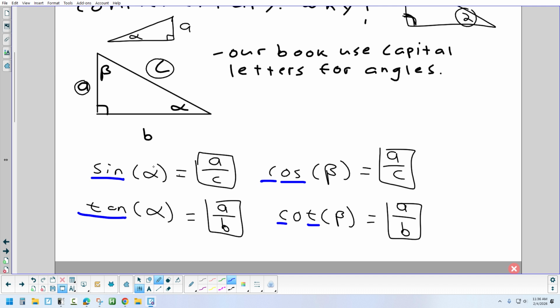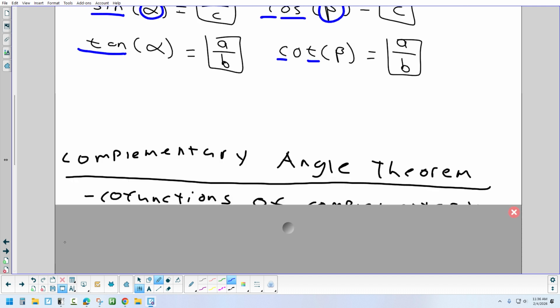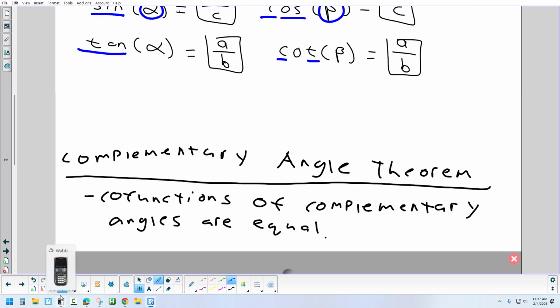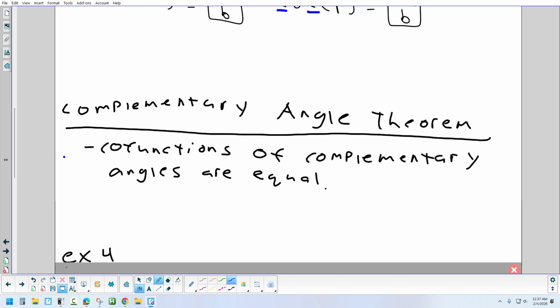And then what do we know about alpha and beta? What did we just say about these two angles? They're complementary. So this is called the complementary angle theorem. Very simple idea. It says that if you have cofunctions, that's what sine and cosine are called. Tangent and cotangent. Secant and cosecant.